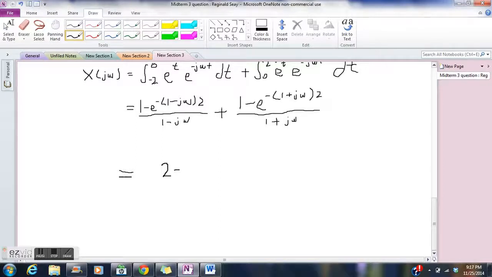When you combine them together, doing some more algebra, you'll get the final result as 2 minus 2 times e to the negative 2 times cosine of 2 omega, plus 2 omega e to the negative 2 sine 2 omega, all over 1 plus omega squared.